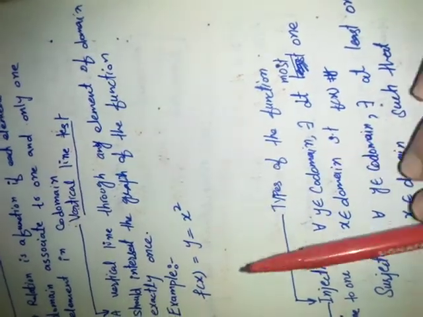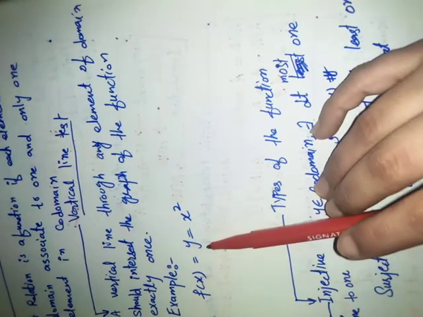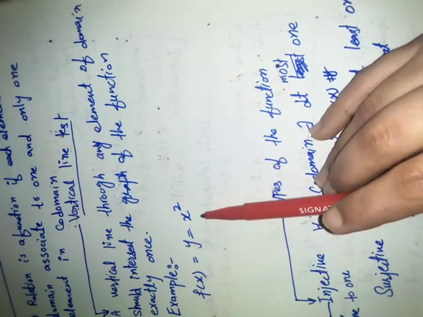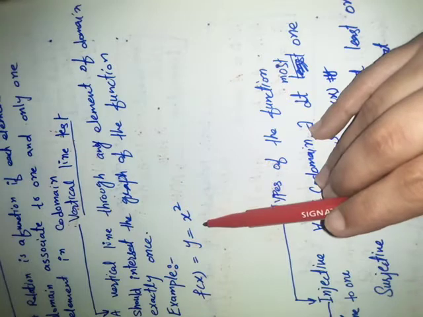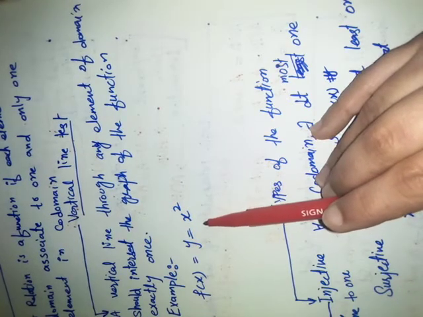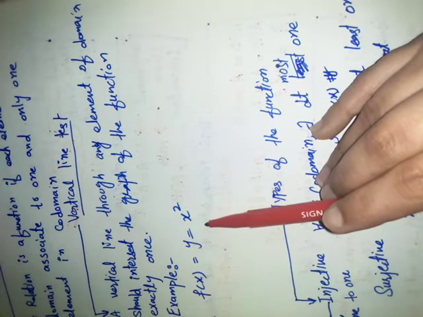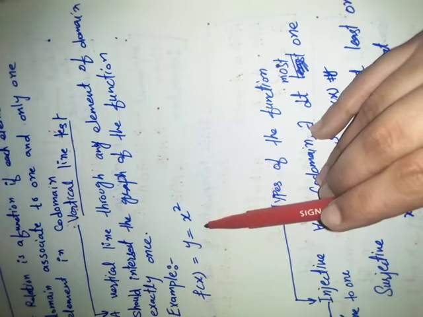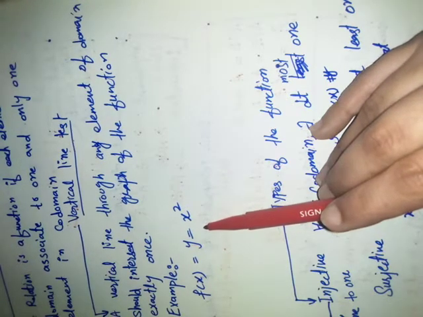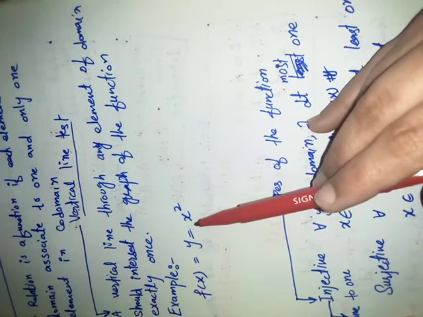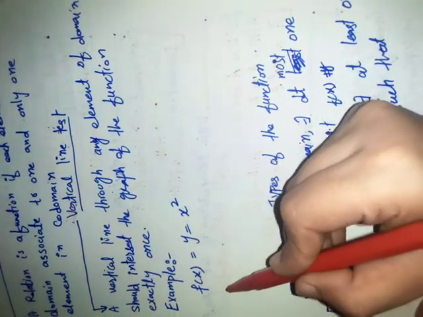Suppose we are given an equation or function y is equal to x square. We want to check whether the given equation is a function or not. Then we will draw its graph and check. For this you have to calculate some values.